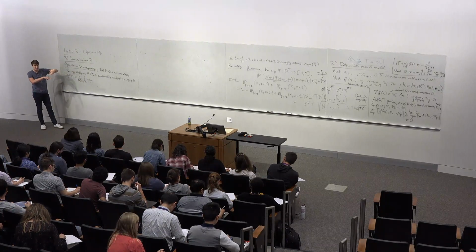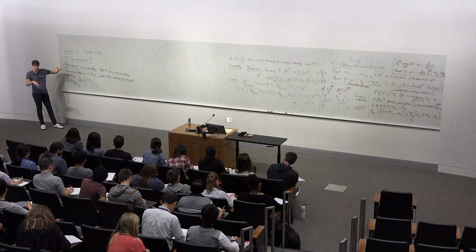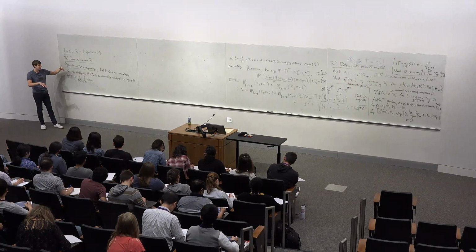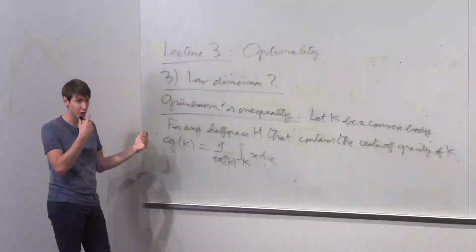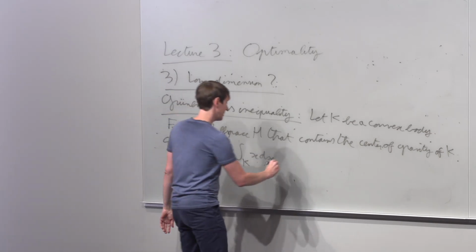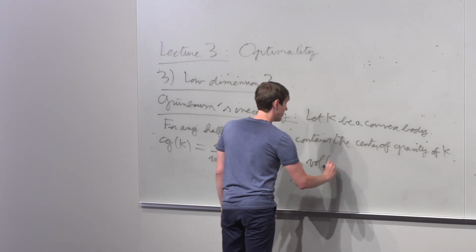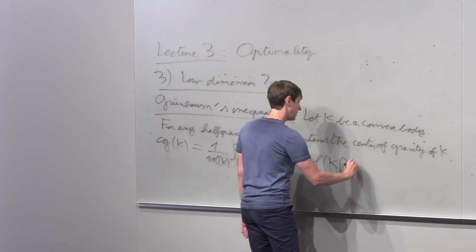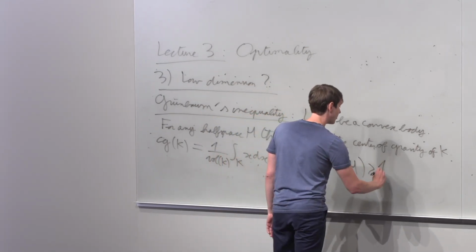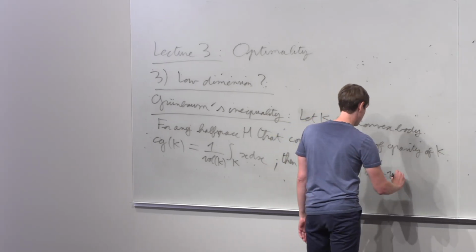And now I look at a half space that contains this. What I'm going to say is that this half space contains a lot of the volume of K. Then the volume of K intersected with H is at least 1 over e times the volume of K.